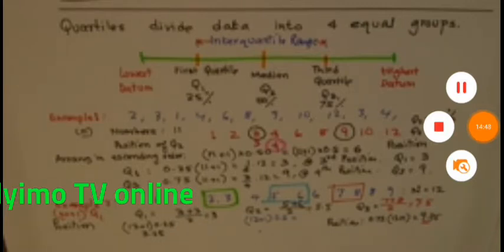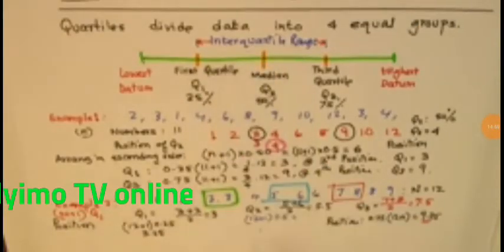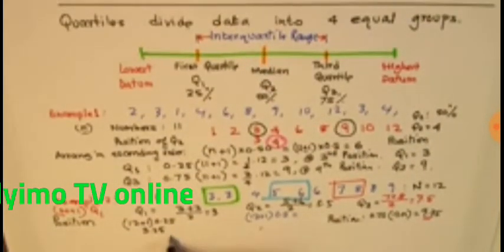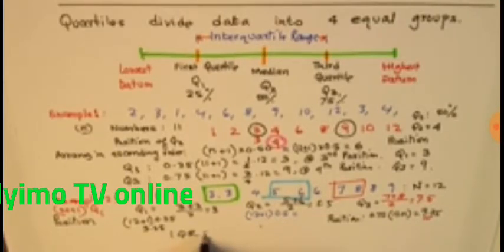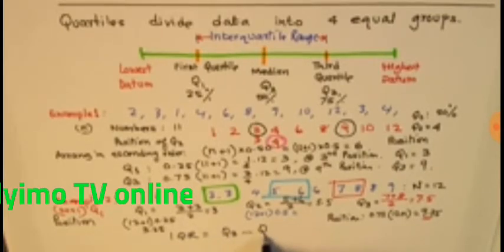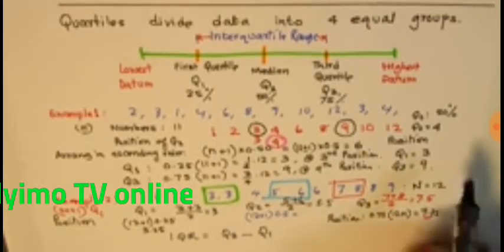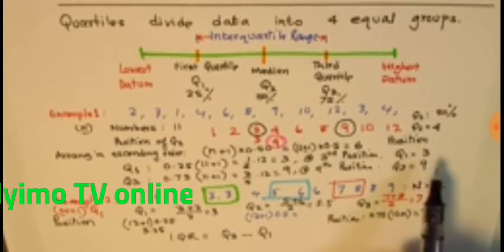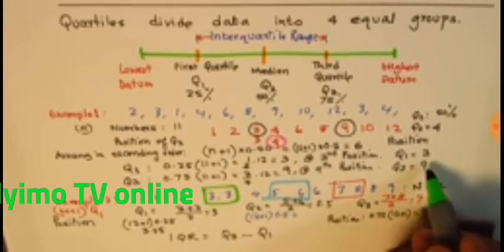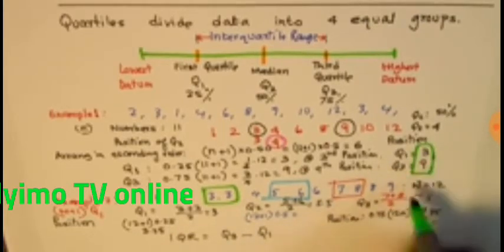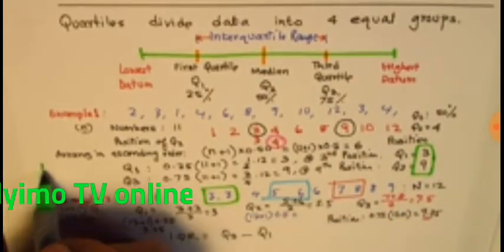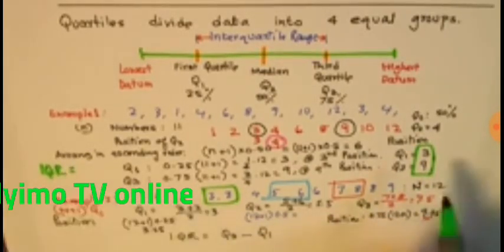Now once you calculate the quartiles, you can find the interquartile range. Now what is the interquartile range? Let me extend this. Interquartile range, let's say IQR, is basically the difference between the third quartile and the first quartile. So find their difference. In the first example, the interquartile range will be 9 take away 3, which is 6.